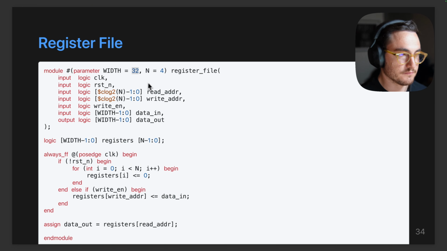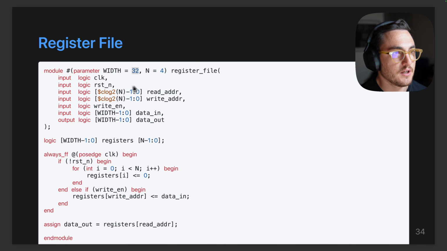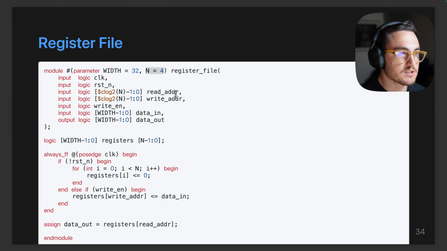And in particular, the size of the read address and write address is going to be the base 2 logarithm of whatever n. So for example, here n equals 4, we just need 2 bits for the read address and the write address, because we can have as many as 4 combinations for the various addresses.